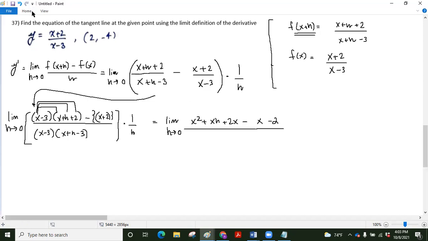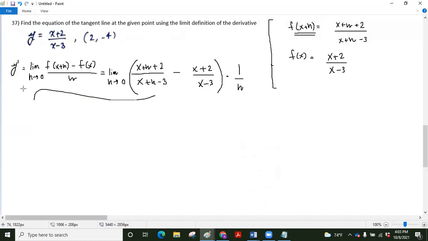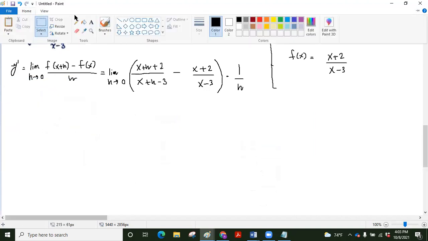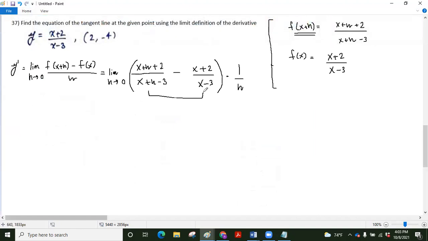You know what? Let's take a step back, because what I'm thinking is that what we should have done here is we should have combined the denominators.